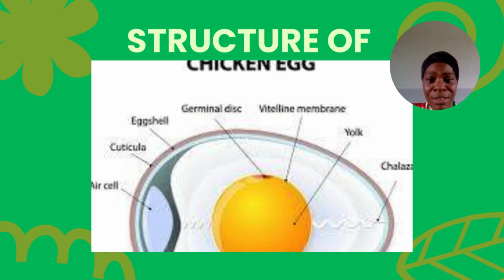We have the whitish part, which is actually called albumin. And the yellowish part is called yolk. While the outer part is called the eggshell, always very light brown in color. We have the vitelline membrane and germinal disc, then the air cell. Those are the parts, or the structure, of an egg.